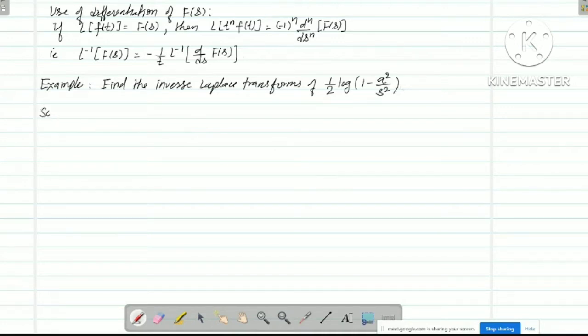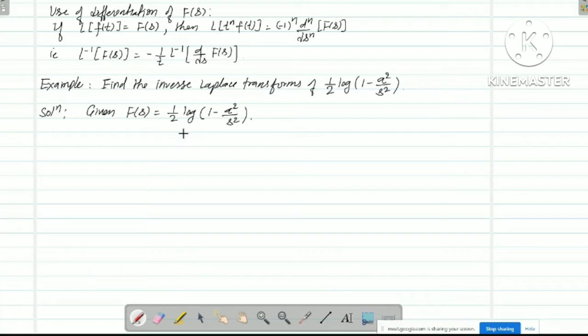Okay, let us see how to find the inverse Laplace transform of the given function. So what is given to you? Given that function f of s is equal to 1 by 2 log of 1 minus a square by s square. Okay, this is your given function.